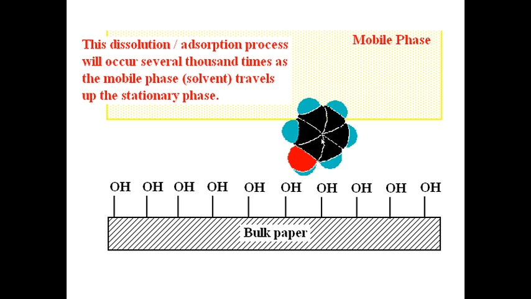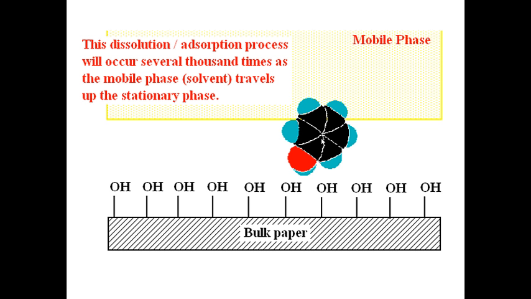They'll be dissolved in the mobile phase a different amount of time, and therefore they will move at different rates up the TLC plate. So this separation is based on polarity, and that partition between sticking to the plate or dissolving in the mobile phase.